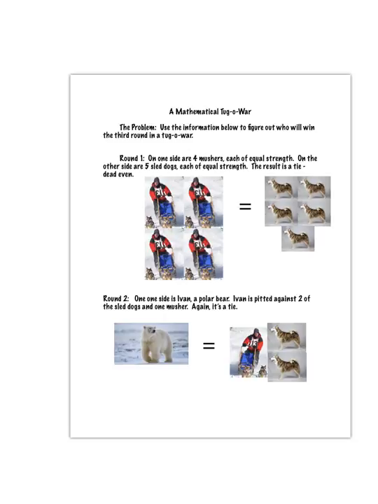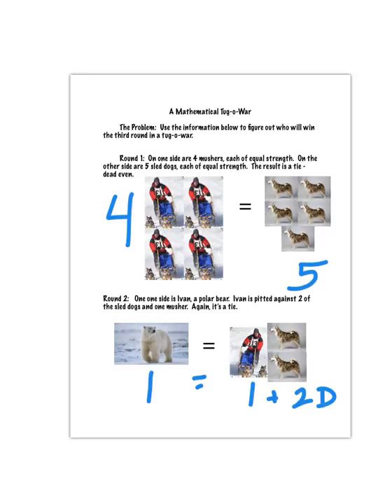So the first tool I'm going to use is the pencil tool, which is the third one down, and I'm just going to make it blue, and then I'm just going to handwrite. So this would be 4 mushers equals 5 dogs, and then 1 polar bear equals 1 musher plus 2 dogs.